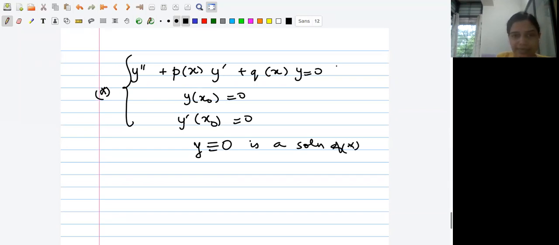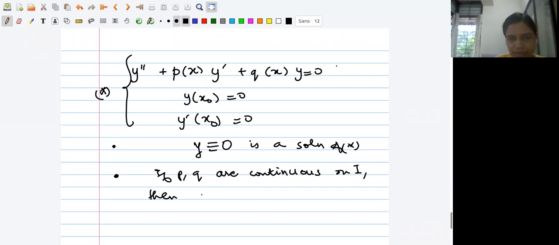Yes, that's the first thing. And the second observation is that the uniqueness theorem says that if P and Q are given to be continuous on the interval I, then the above initial value problem admits a unique solution on the interval I.